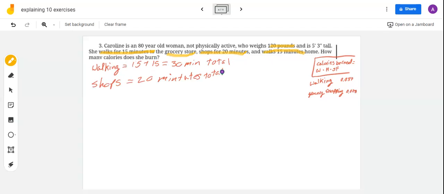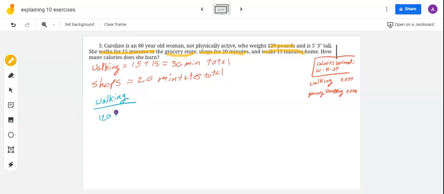All right. So how we're going to do this, let me switch colors here. Back to my pretty blue. Not for any particular reason other than the fact that I really like it. So let's start with the walking. Okay? So if we're following the calories burned formula, it would be the weight. So she weighs 120.